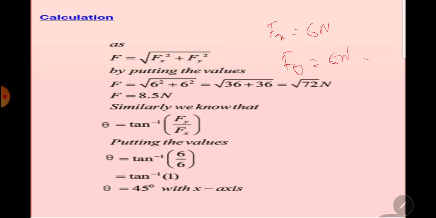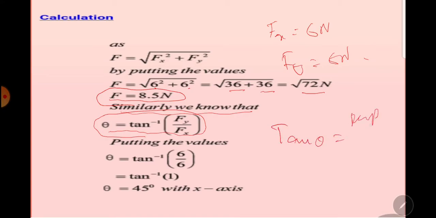So you will get 6 squared is 36, 36 plus 36 is 72, and you will get 8.5. Similarly we know that theta is equal to tangent inverse of Fy divided by Fx. Tangent theta is equal to perpendicular by base. So perpendicular is Fy and base is Fx. So you will calculate the angle, which is 45 degrees.